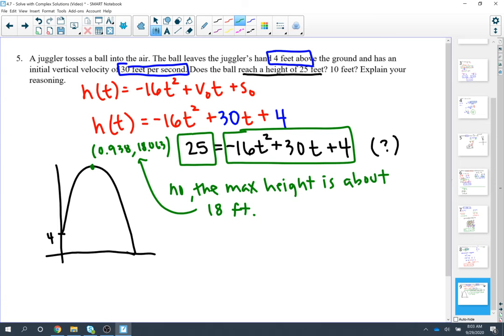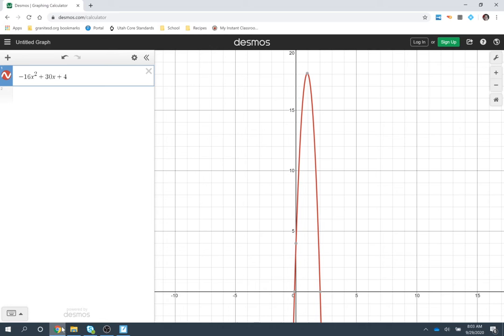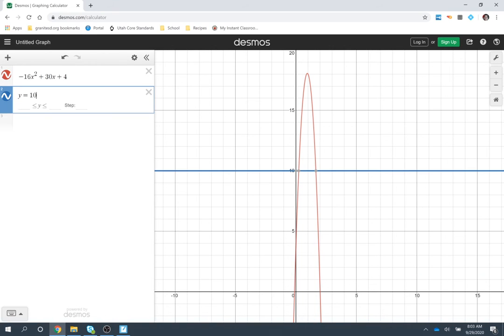Now, the second question is, does it reach a height of 10 feet? Okay, let's go back to our graph. Well, if the vertex is at 18, then yeah, it definitely hits 10 feet. That's right here. If I want to be very specific, I'm going to write y equals 10, because I want to know when it's at 10 feet. So just y equals 10, and notice this blue line.